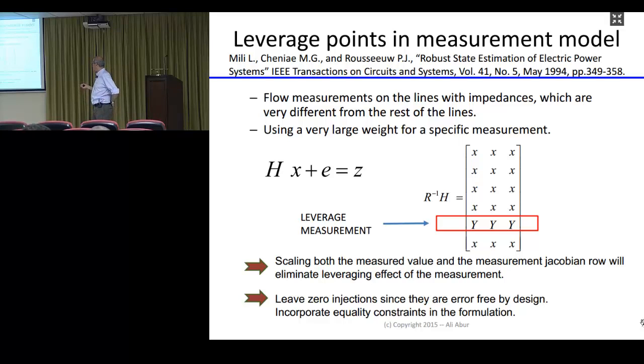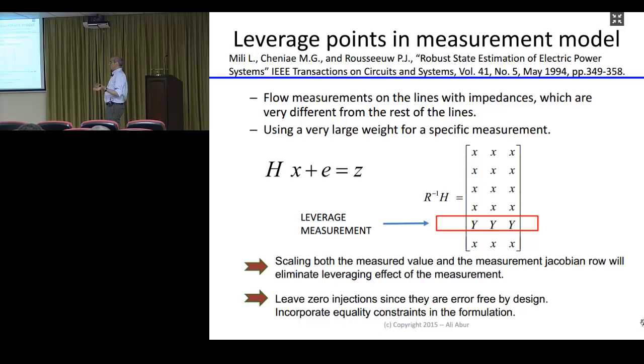Visually, if you look at the Jacobian H, or the weighted Jacobian R inverse H, you will notice that the row corresponding to a leverage measurement will stick out in terms of the magnitudes of these quantities. They will be disproportionate to the remaining rows.